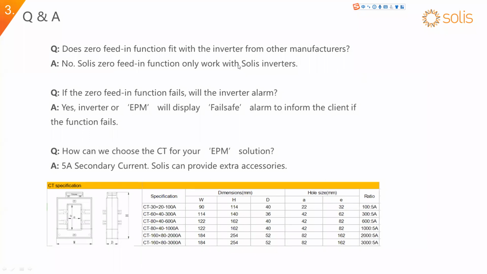But the main time delay is on the communication between the EPM and the inverter. So that will take like 3 or 5 seconds to control to the necessary point. So it will start to control immediately, but it will take some time to limit to the actual value that it requires.